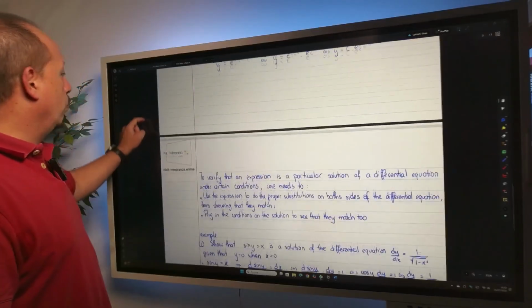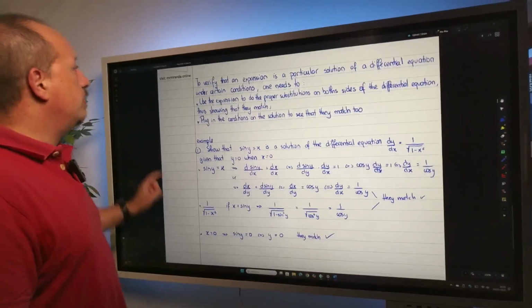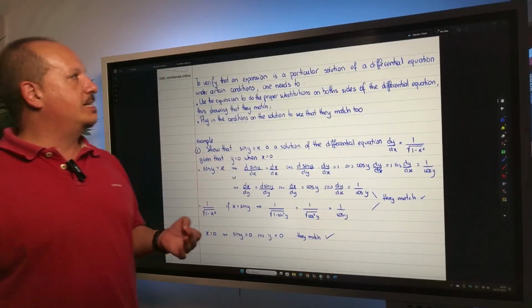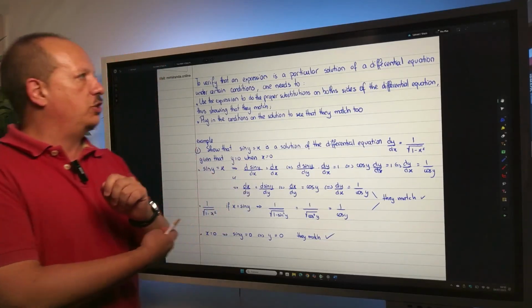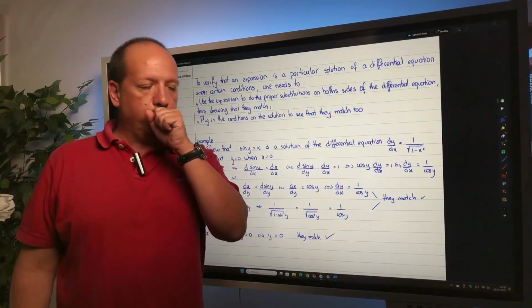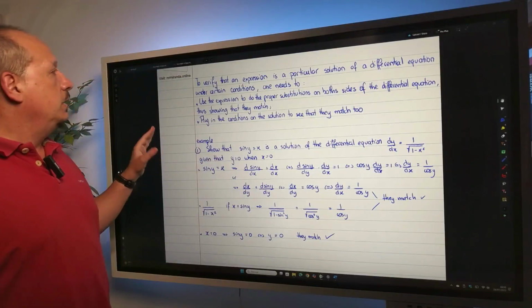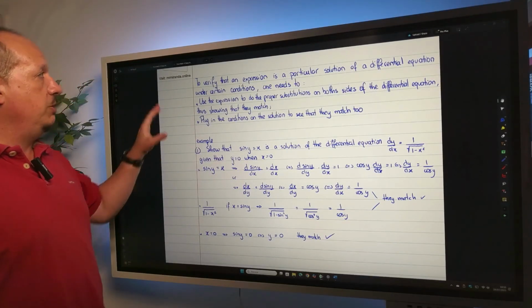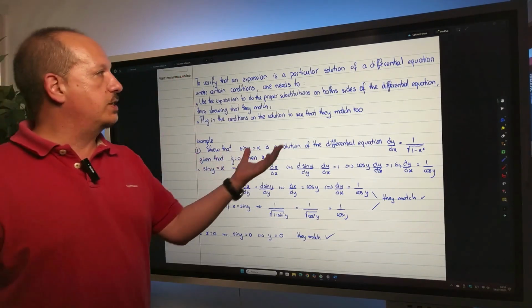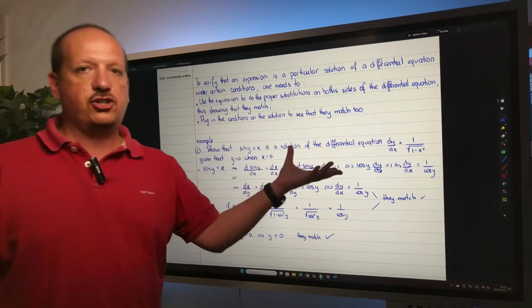One final word for situations in which you are asked to verify that an expression is a particular solution of a differential equation under certain conditions. So what you need to do, you need to use the expression that you are given to do the proper substitutions on both sides of the differential equation.